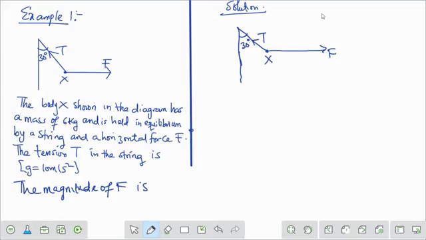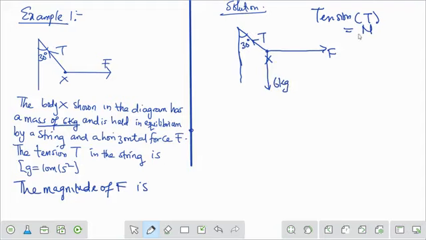And if you look, tension is just like force. So it is measured in Newton. Now they give us a mass of 6 kilogram. So the body X shown in this diagram has a mass of 6 kilogram.